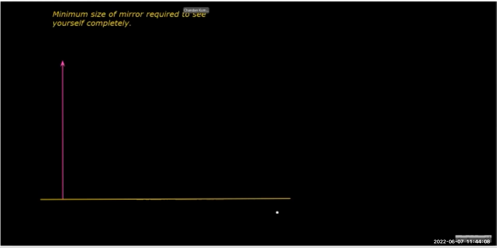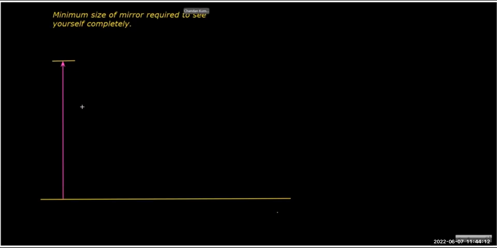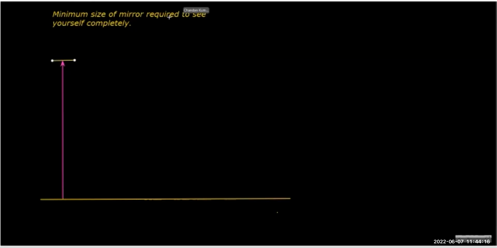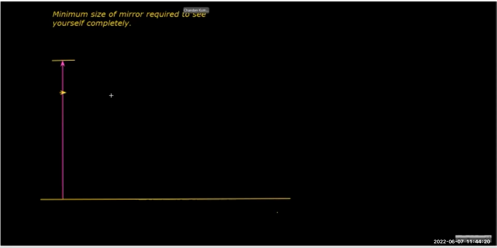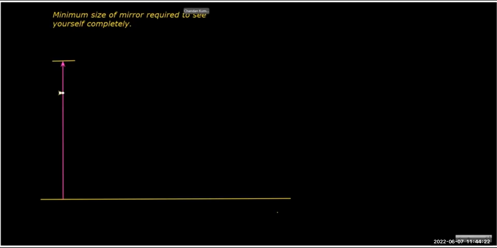So this is the tip of the head. Okay, top of the head. So eye level will be somewhat below, right? Let's think of eye level somewhere here. So this is your eye level.